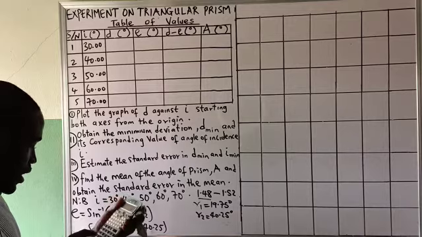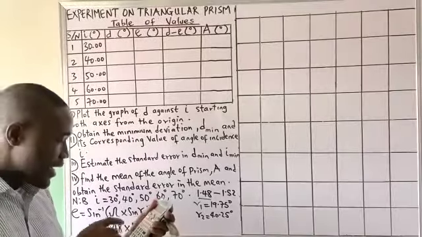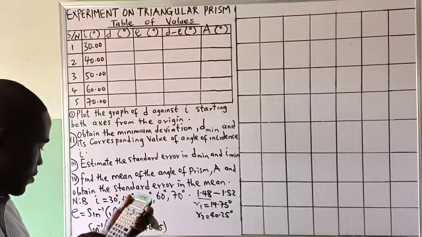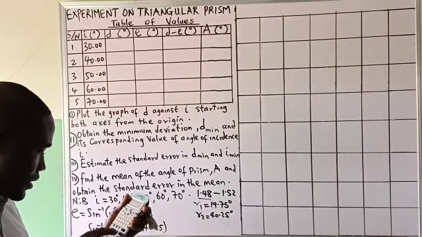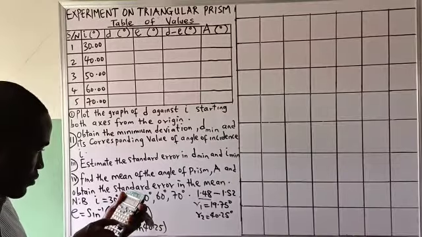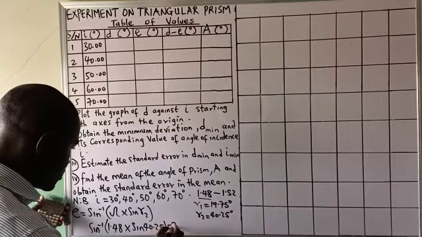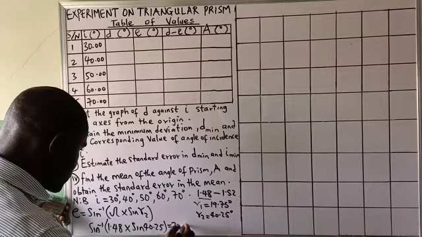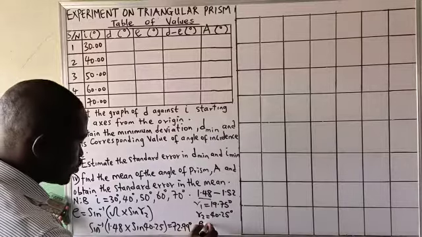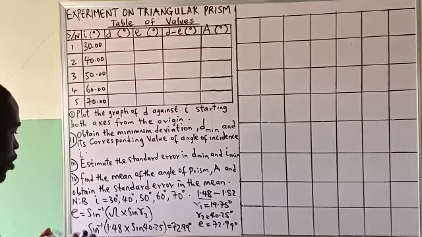I will press my calculator, shift sine, I will get sine inverse bracket, 1.48 times sine 40.25. I'll close the bracket. That will be giving me 72.99 degrees. So I'll be having my E to be equal to 72.99 degrees. I will say okay.